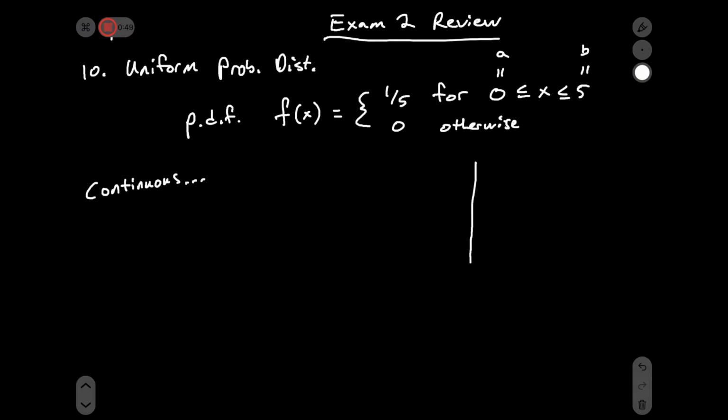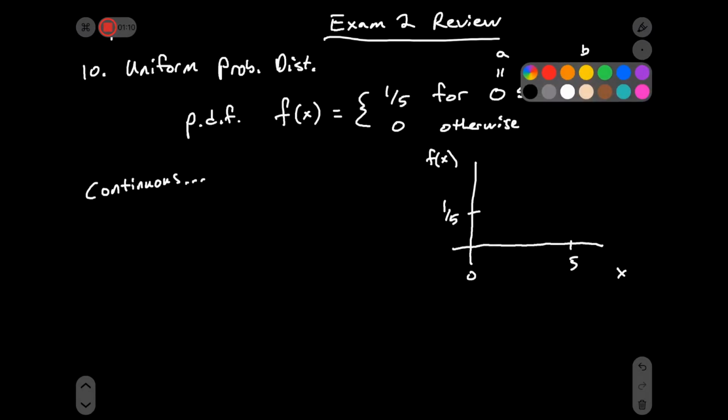And the probability distribution looks like this. So we've got 0 here, and we've got 5 here. In other words, at this probability of 1/5, so we've got f of x here, we've got values of x on the x-axis, we would essentially have a probability distribution that looks like this.